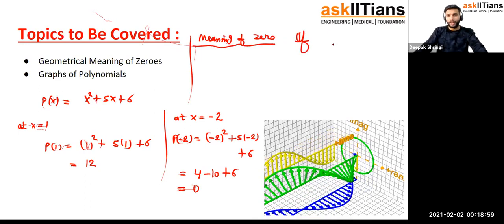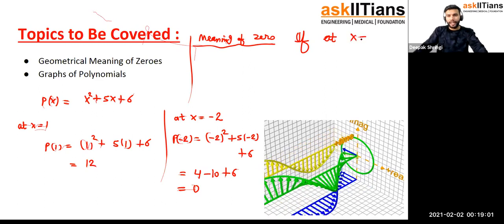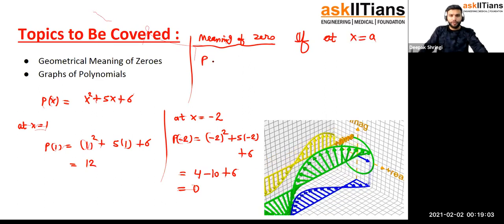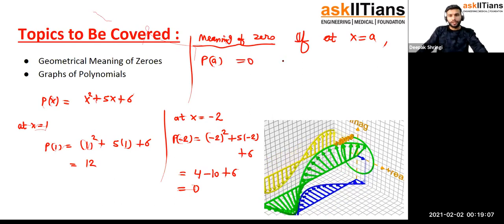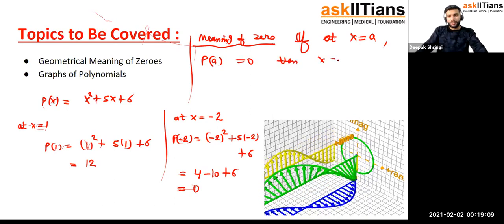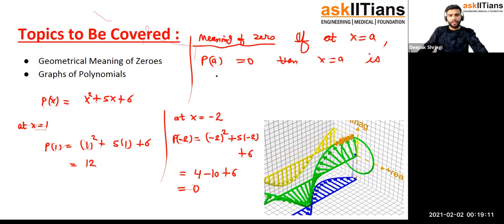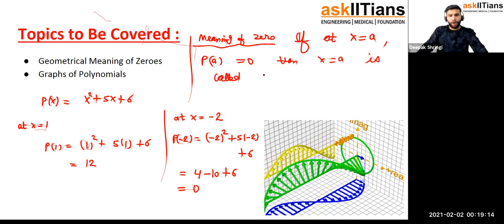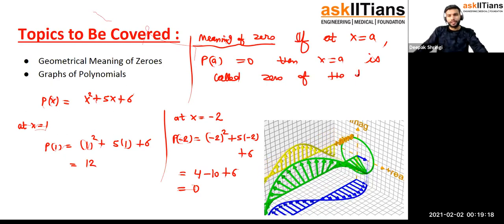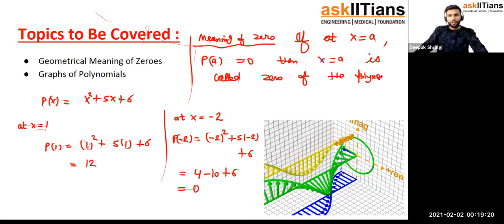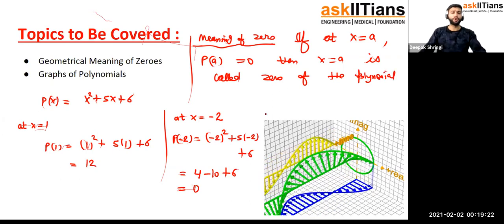Please pay attention. If at x equals a, p(a), basically the value of the polynomial, is equal to 0, then x equals a is called a zero of the polynomial. The same thing happened over here.